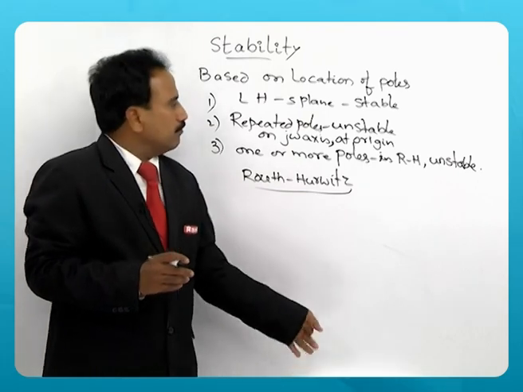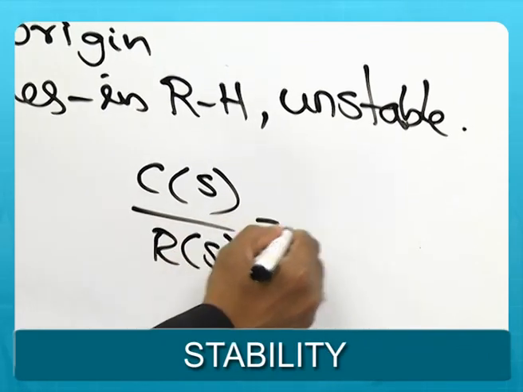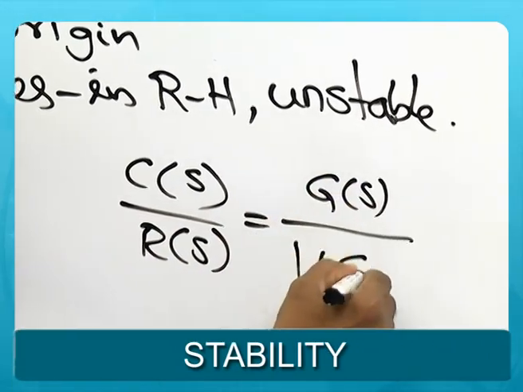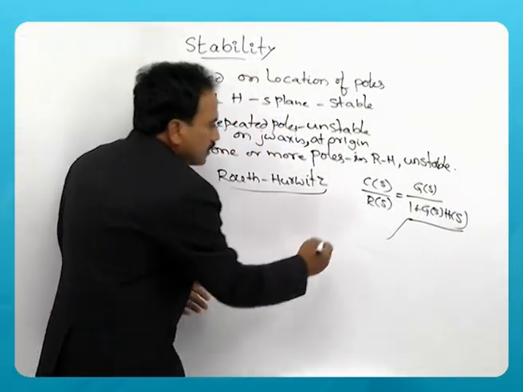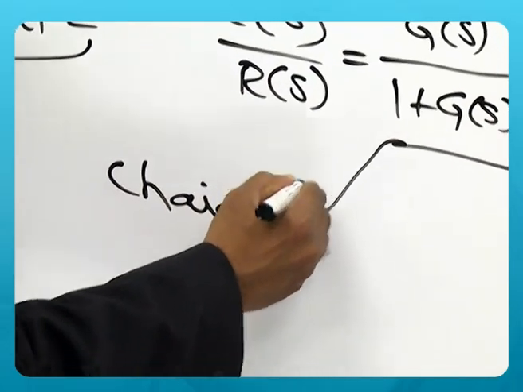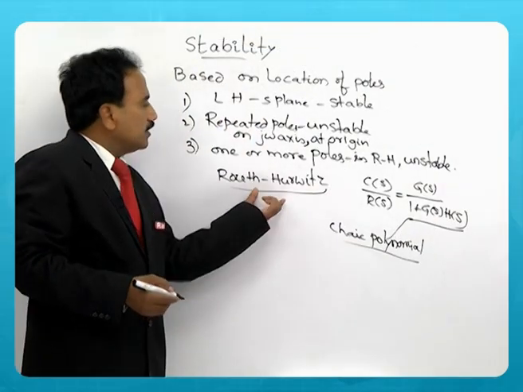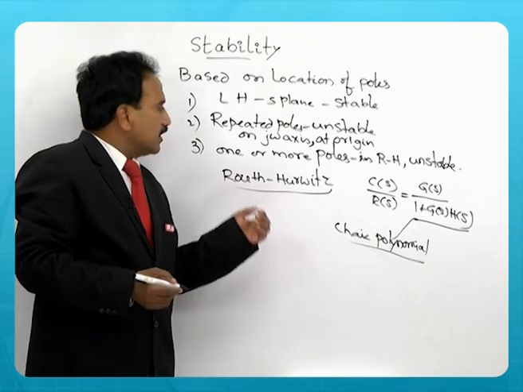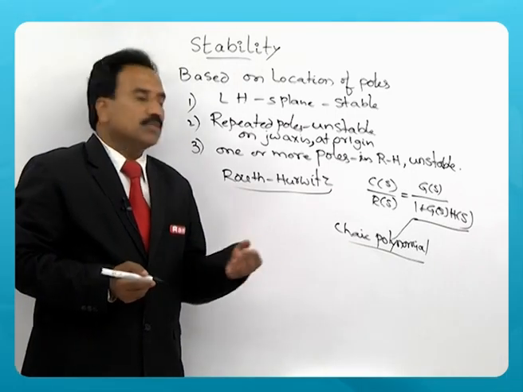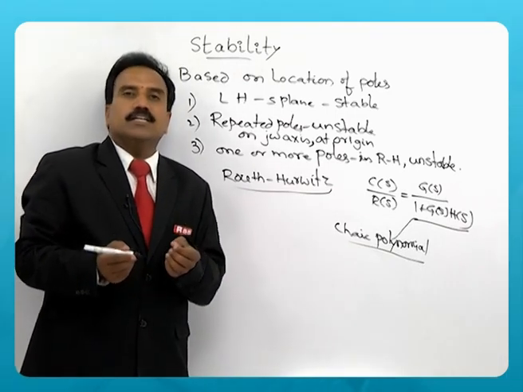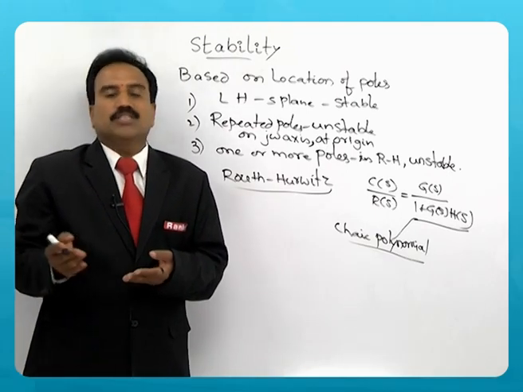The denominator of the transfer function is known as the characteristic polynomial. 1 plus G(s) H(s) is known as the characteristic polynomial, and this is the input for the RH stability criterion. Let us see today what this RH stability criterion is, and we try to solve some problems using it to indicate whether the system is stable, unstable or marginally stable.